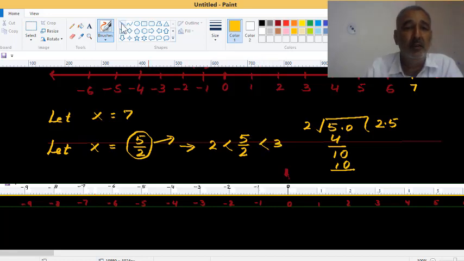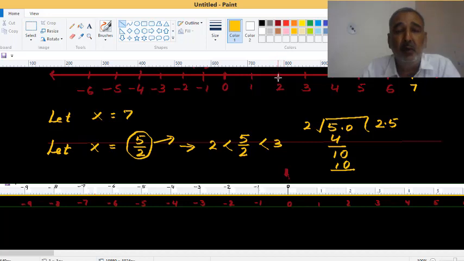So there is a specified place on the number line: 5 by 2 will lie somewhere between 2 and 3. I will find the exact location of it later on.